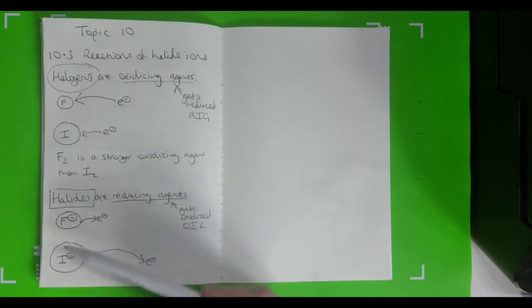Okay? So what I want you to do is write down a full explanation of why that is. I'm going to start the sentence off for you, and then you're going to finish it, and I'm going to give you some keywords to use.